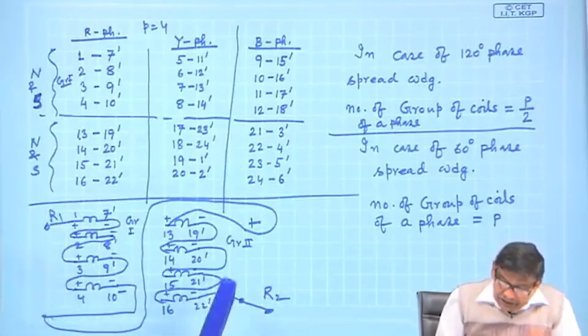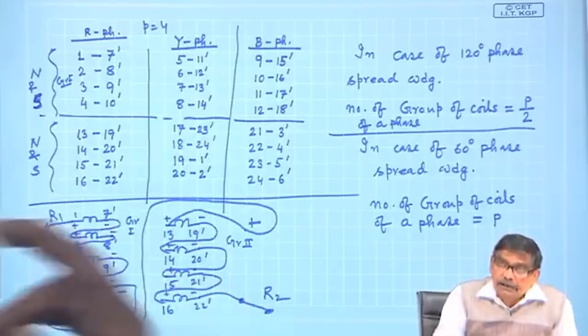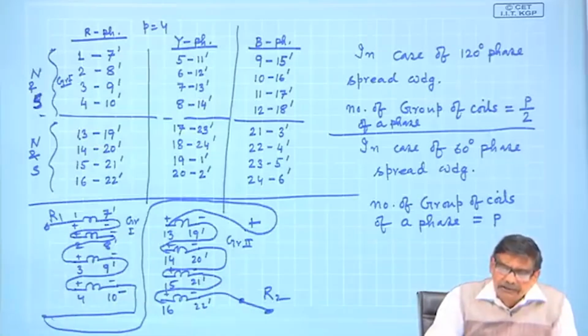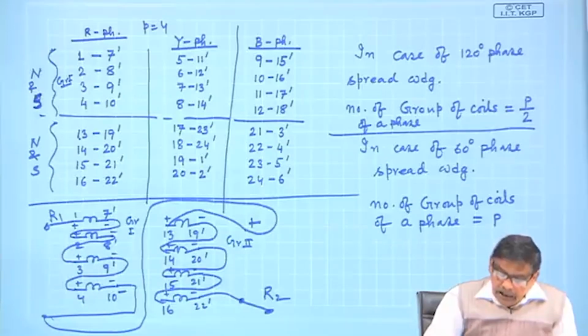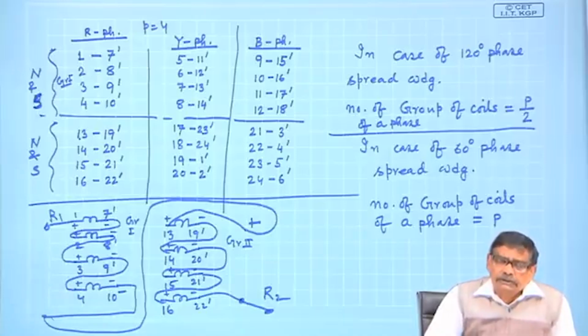But in any case, what I want to tell you is that when the group terminals are available, it is sometimes available. The reason I will tell you later. The connection among the groups should be carefully done. And I will ask you a question later. Suppose somebody makes a mistake in that group connection, what could be the effect of that? Those are very interesting things.